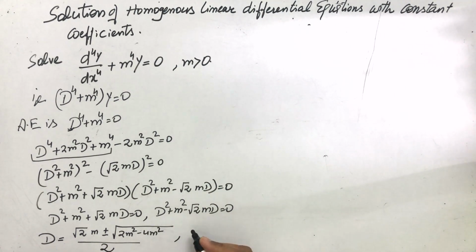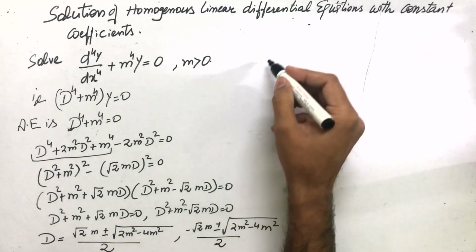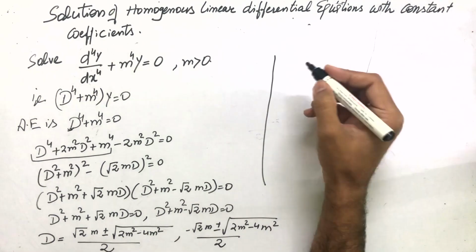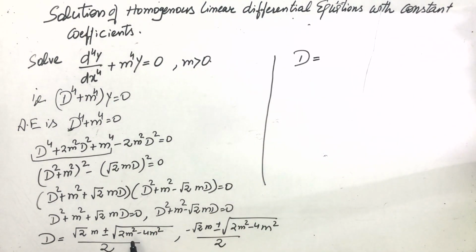And also here we have minus root 2m plus minus under the root 2m square minus 4m square upon 2, which can further be simplified. Capital D will become, so here we have minus 2m square, so m can be written outside, and for minus we can write iota.